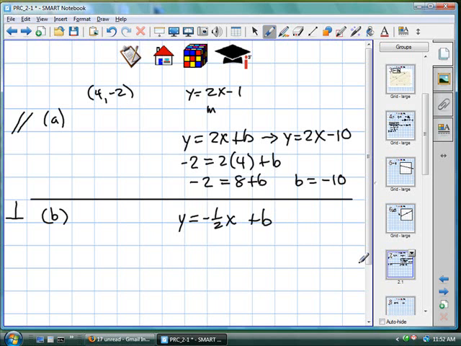Okay, now all I got to do is find b. And I only have one point, so this is not too hard to decide. I have to plug this point in again. -2 for y, 4 for x.